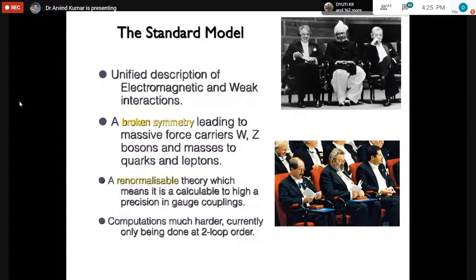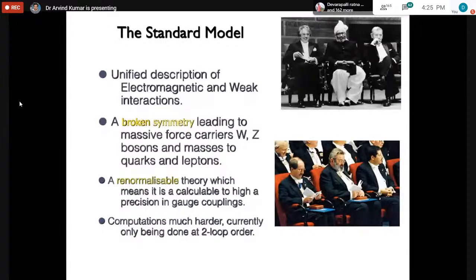So if theories with broken symmetries are non-renormalizable, you cannot do any real calculations and matching with the experiment. But these two gentlemen at the bottom, the other three gentlemen you know already, Weinberg, Salam, and Glashow, I think Rohini also mentioned them.